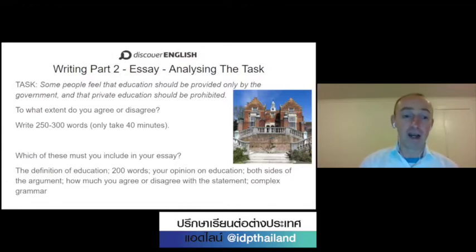Both sides of the argument. Ideally, you'd have both sides of the argument included in a balanced essay, and how much you disagree or agree with the statement. And complex grammar. It would be nice, but depending on the band score you're going for, I would favour accuracy over complexity.